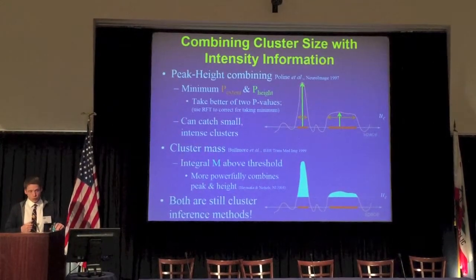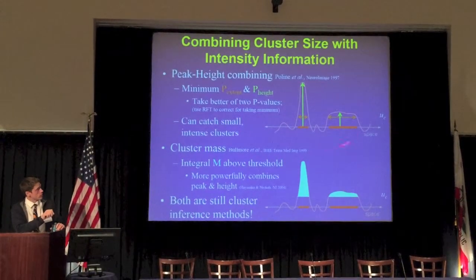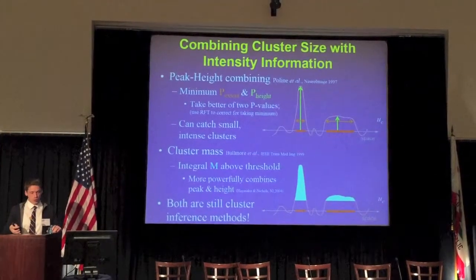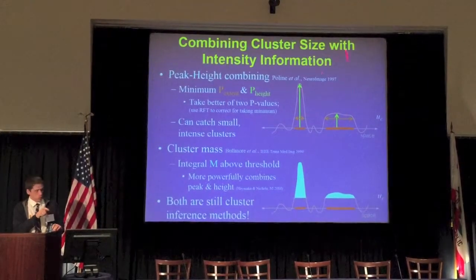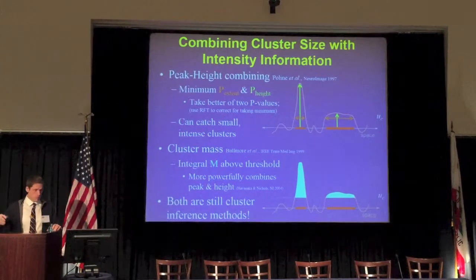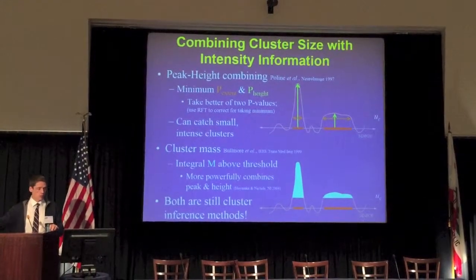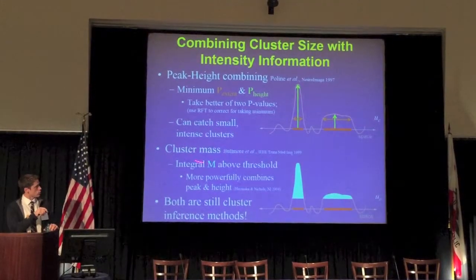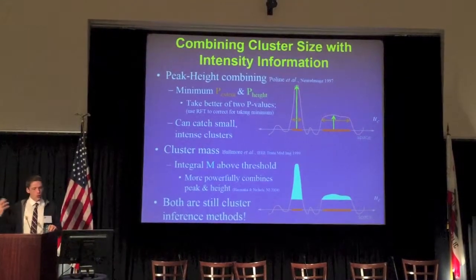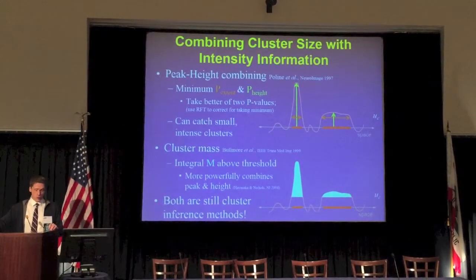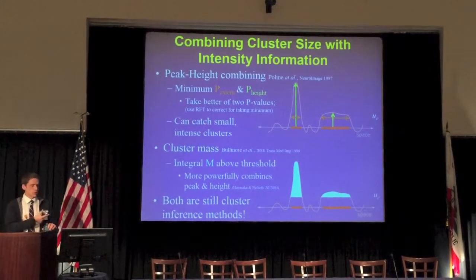And both of those are completely valid and physiologically meaningful. You can have activations that are spread out, or you can have activations that are very focused and intense. So there are several historical approaches that account, for example, for cluster mass, and that's an approach by Bullmore, or the integral intensity above the threshold, and they're all cluster inference methods.